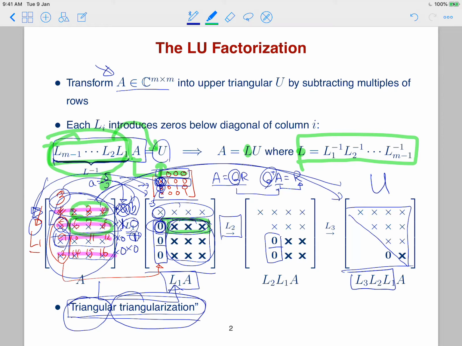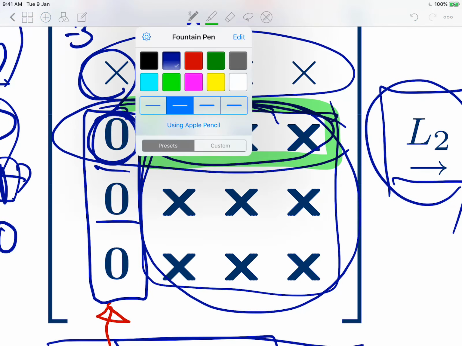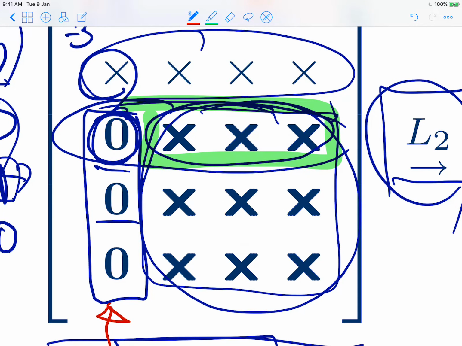Okay, so this is how we obtain the first L1, and then how do you obtain L2? In this case, suppose our values are like 5 and maybe 8 and 11.